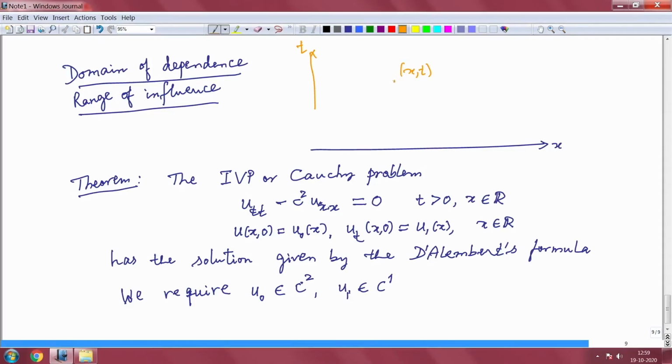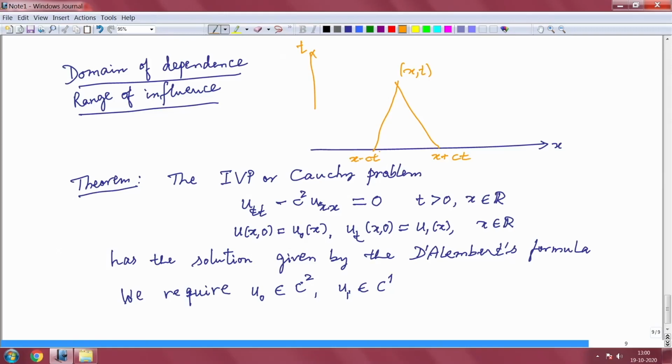The D'Alembert's formula depends on the initial conditions. If that is (x, t), this will be x plus ct, and this is x minus ct.